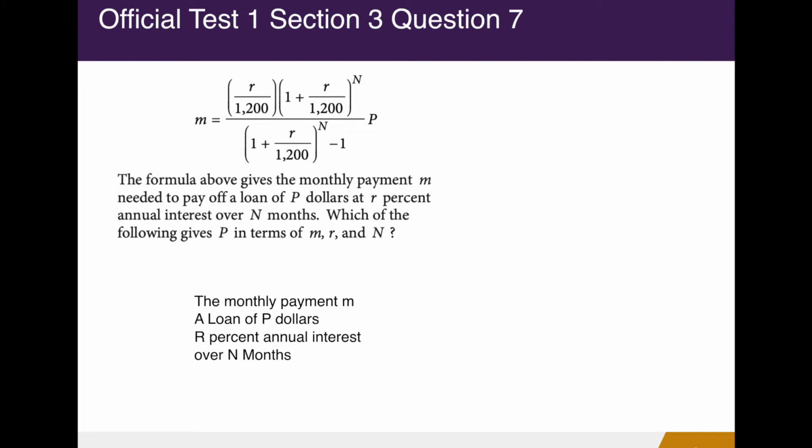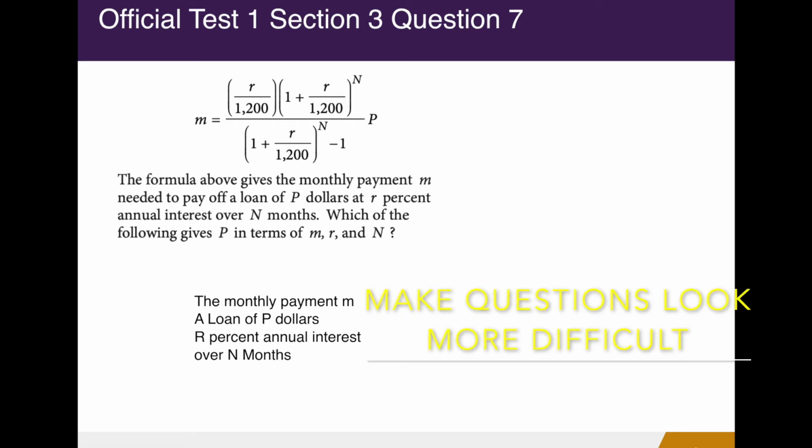First of all, some of the information in the question, such as the monthly payment M, a loan of P dollars, R% annual interest over n months, is irrelevant to solving the question. On the SAT, they sometimes insert irrelevant information so that the question looks more difficult than it actually is.